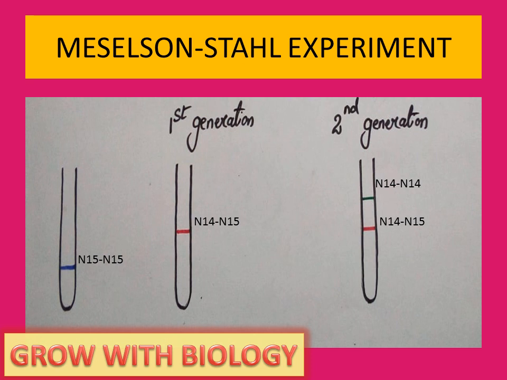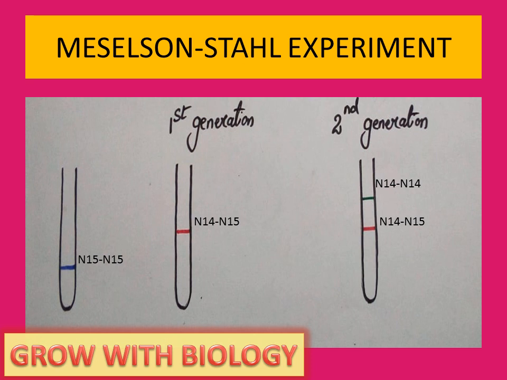So all the nitrogen present in the DNA was N15, that is a radioisotopic or heavier nitrogen. Then they grew it for one generation in normal nitrogen, that is N14. Now he found that the density of this DNA after replication is somewhat lighter than what was obtained in the parental generation.